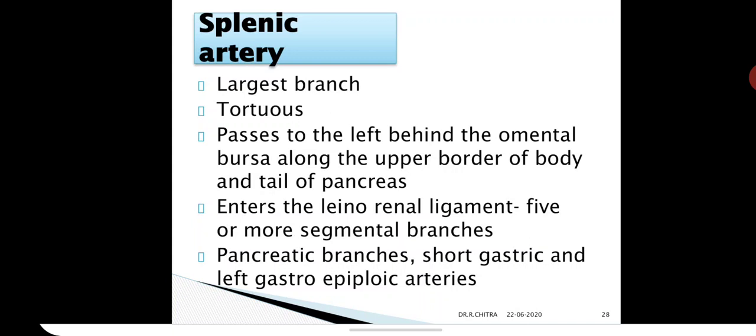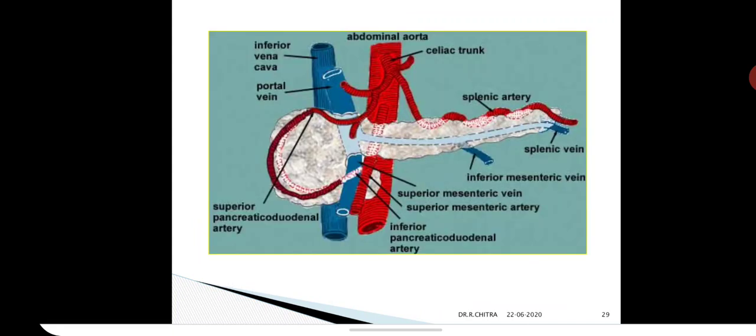Gastroepiploic arteries will run along the greater curvature of the stomach. So the splenic artery you can see in this, which is tortuous, which runs along the upper border of the body of the pancreas. Also you can see in this the superior pancreaticoduodenal, which is the branch of the gastroduodenal artery.